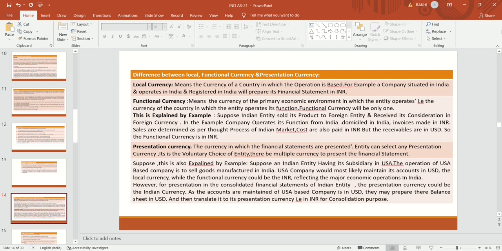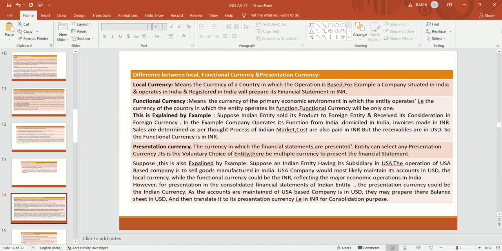So the functional currency would be the INR, reflecting the major economic operations in India. However, for the presentation in consolidation, because in a holding-subsidiary relationship the standalone financial statements are prepared for both organizations in local currency, for consolidation purposes the company will present their financial statements in the functional currency of the holding company.